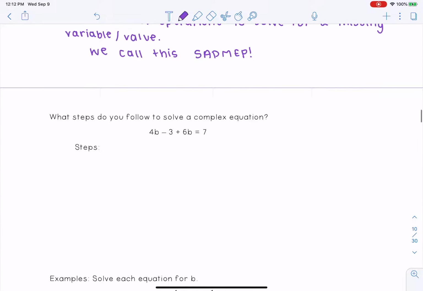So what steps do you follow to solve a complex equation? So the first step is to distribute if you can. In this case, there's nothing to distribute, so let's move on to the second step. The second step is combine like terms if you can.